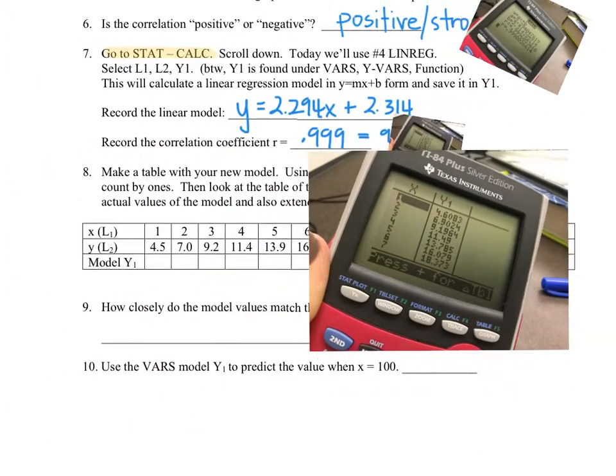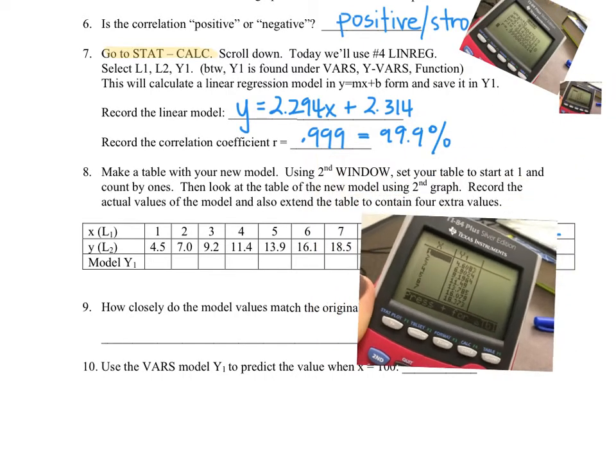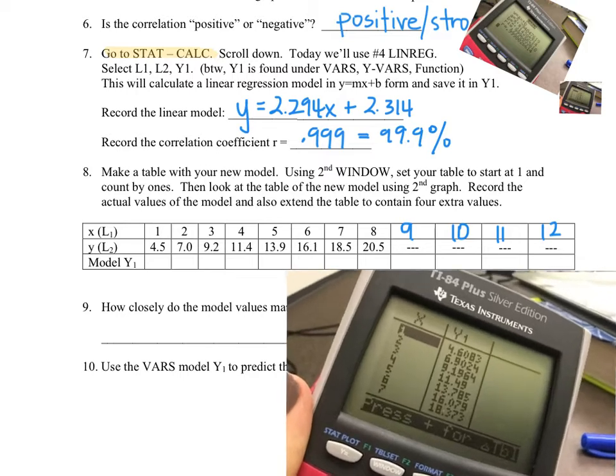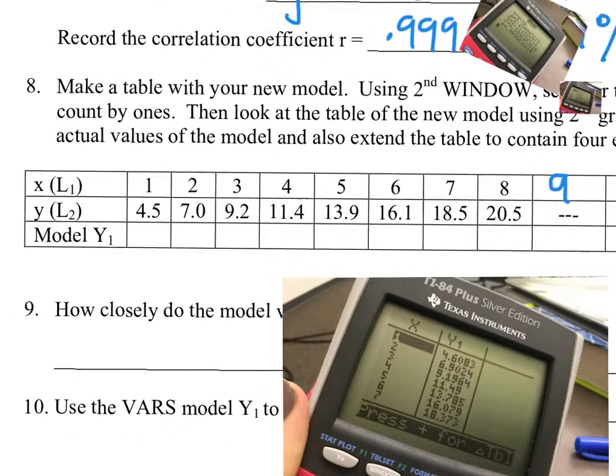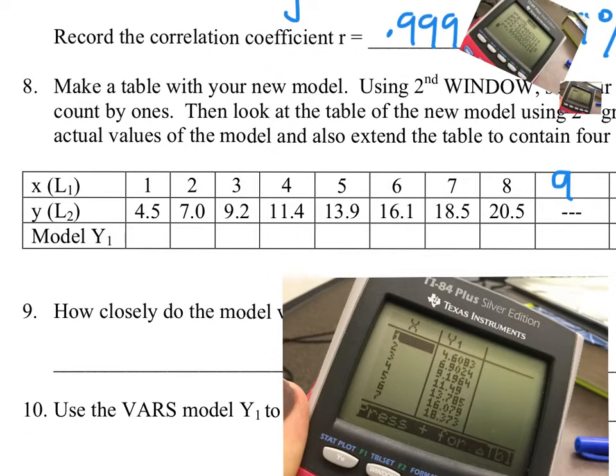Let's get this out of the way. And put this down here. Okay, got a screenshot of those values. So we are looking at, let's see how good I can do here, 4.608 and 6.902.